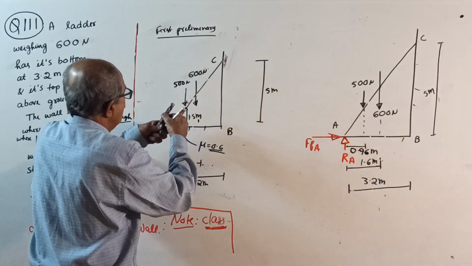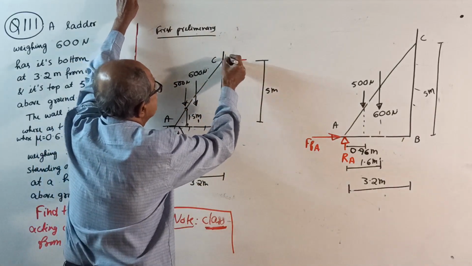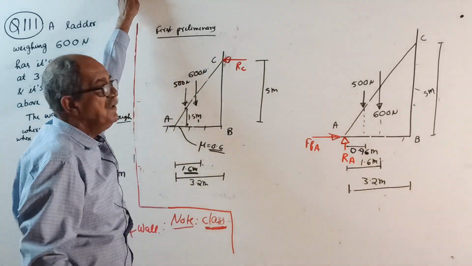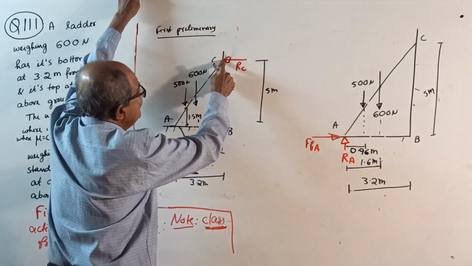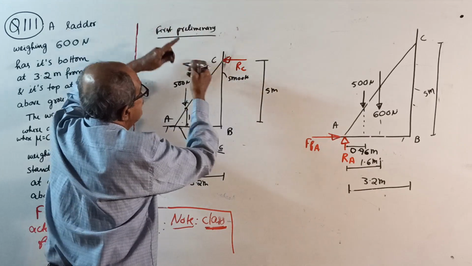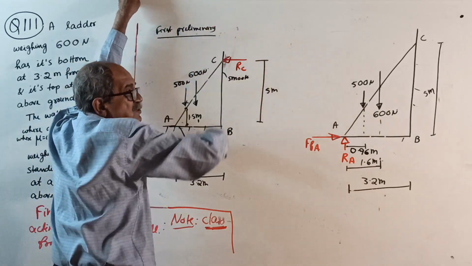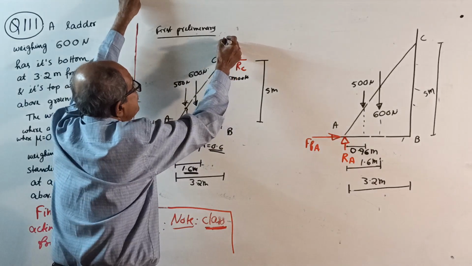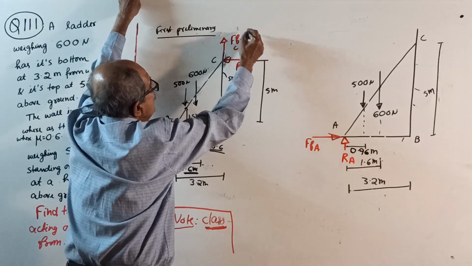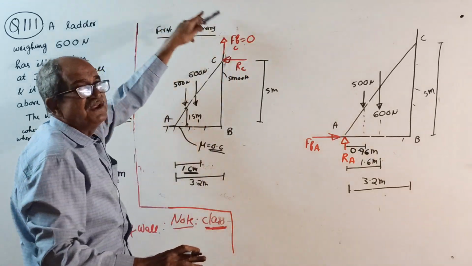Since it is a smooth wall, there will be a normal reaction RC right here. Let RC be the normal reaction, and make a note. Since the wall is smooth, if it slips, it will slip this way. Therefore, frictional force at C is equal to 0. There is no friction there.